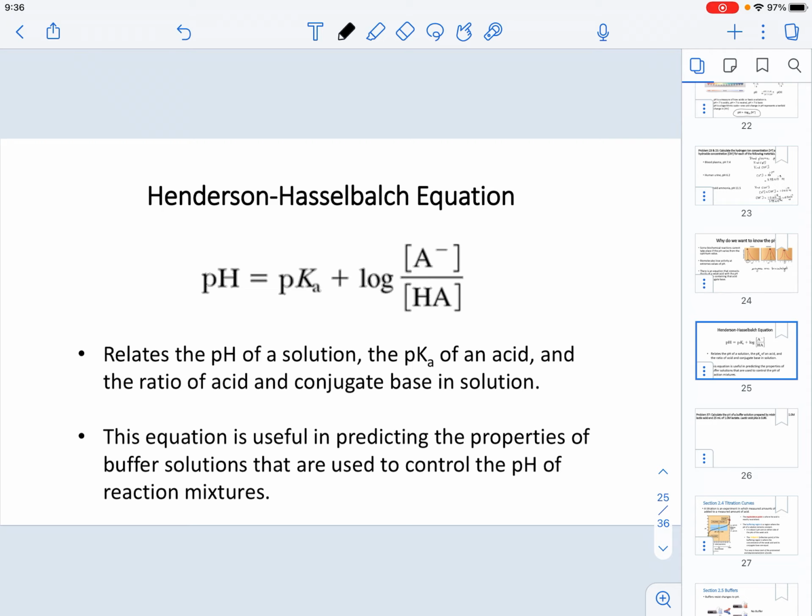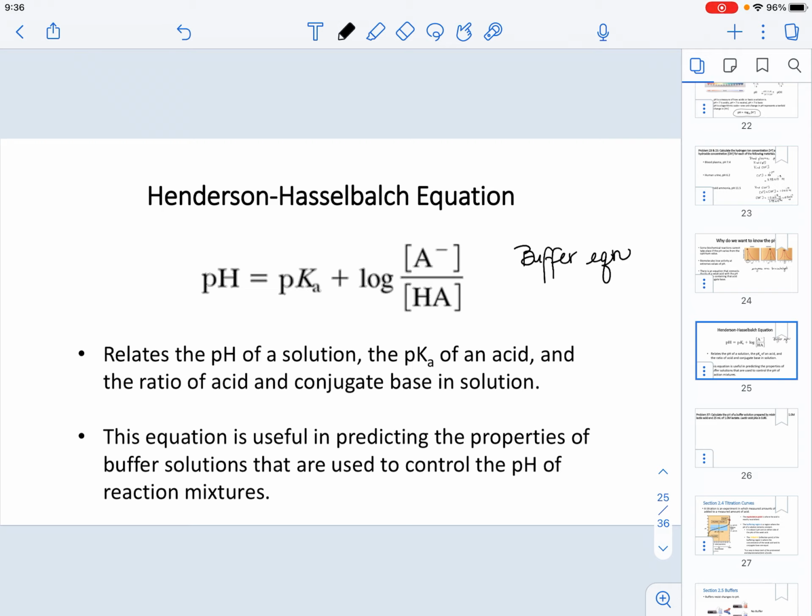This equation is also known as the buffer equation. It is very useful in predicting the properties of buffer solutions that are used to control the pH in reaction mixtures.